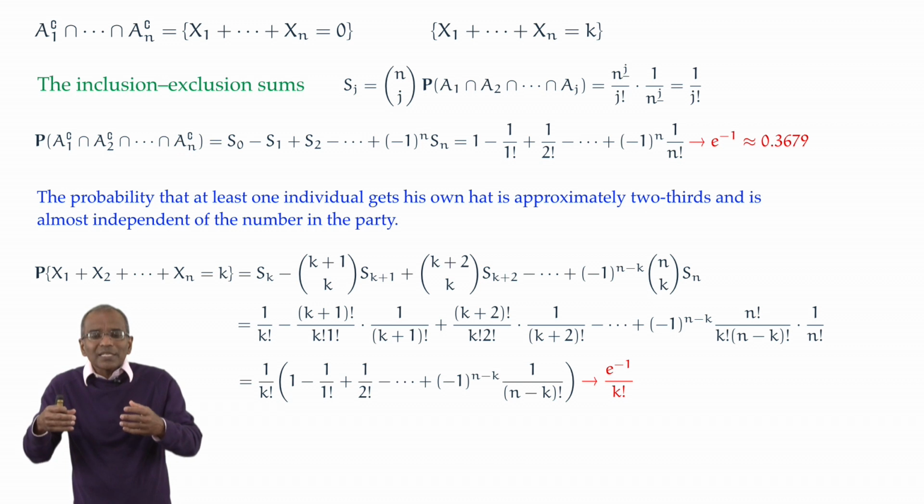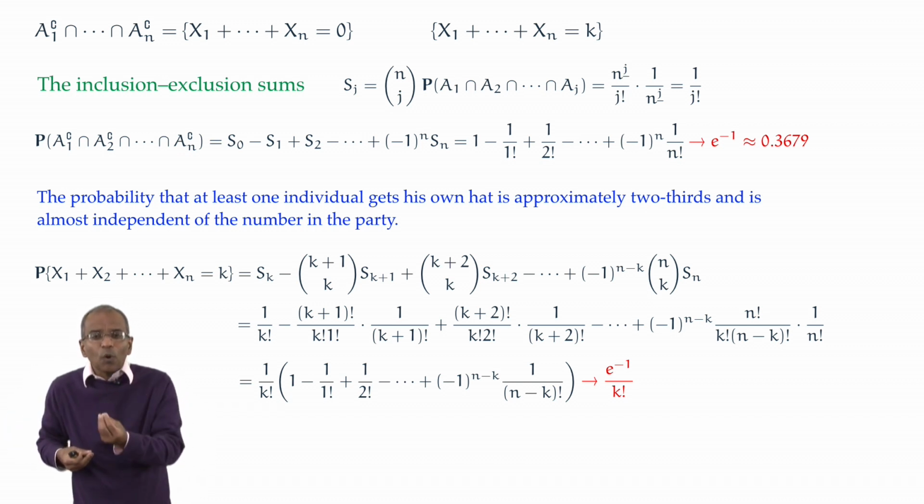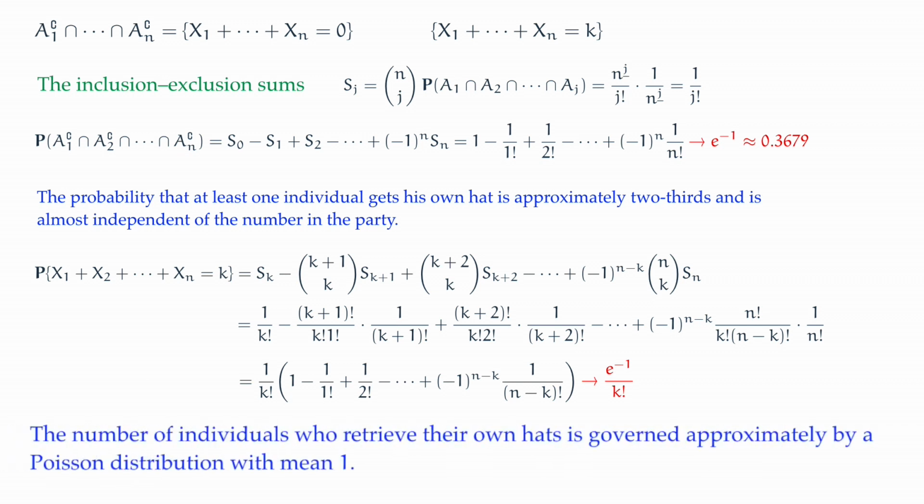So what you've got is that these inclusion-exclusion sums are of the form of a fixed number to a power, 1 to a power, divided by a factorial. But this is exactly the province of the Poisson sieve. And so here's our slogan. The number of individuals who receive their hats, even for modest values of n, is governed by a Poisson law with expectation 1.